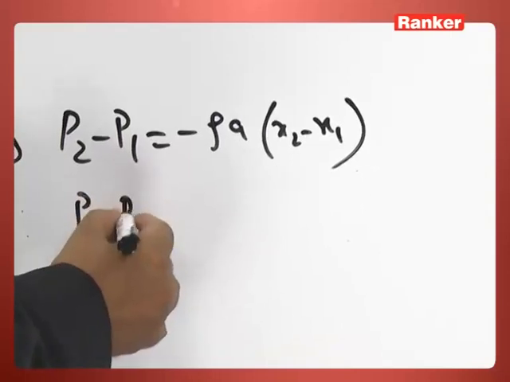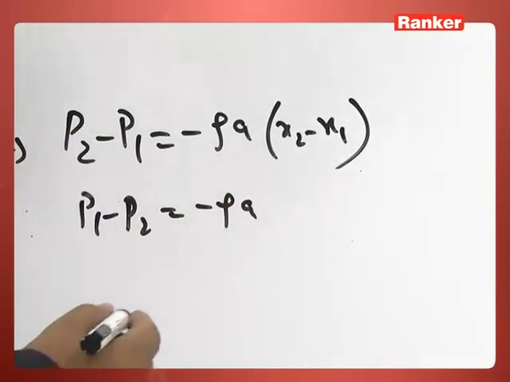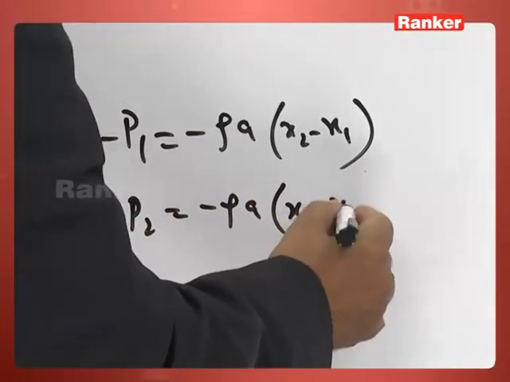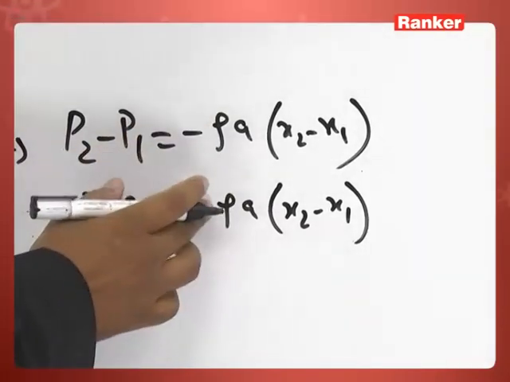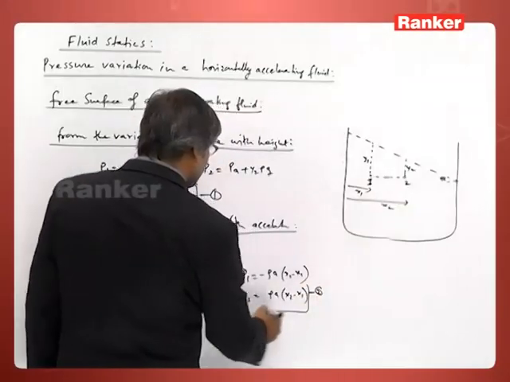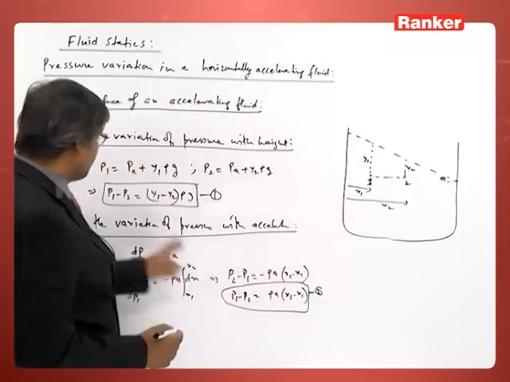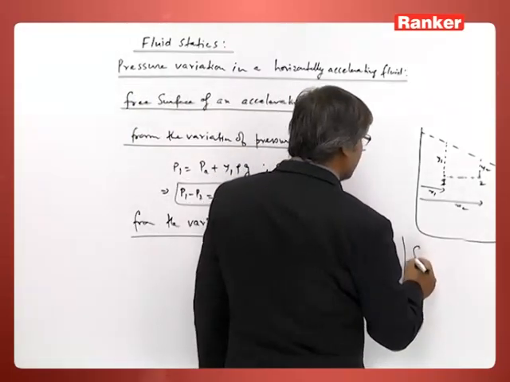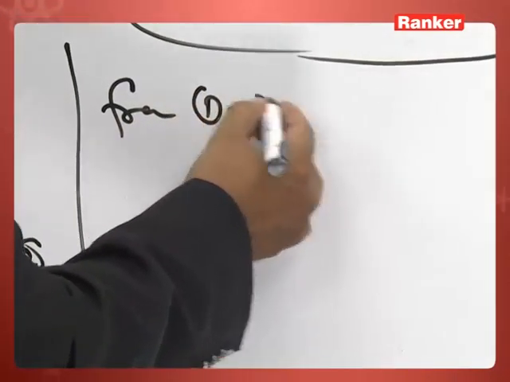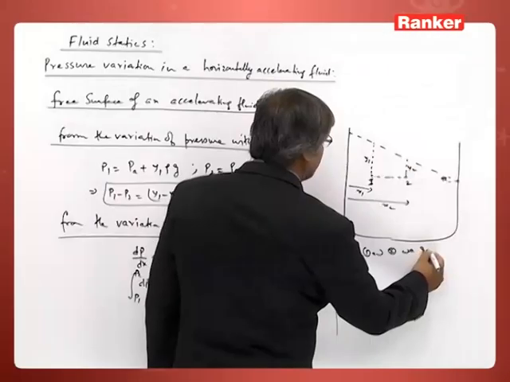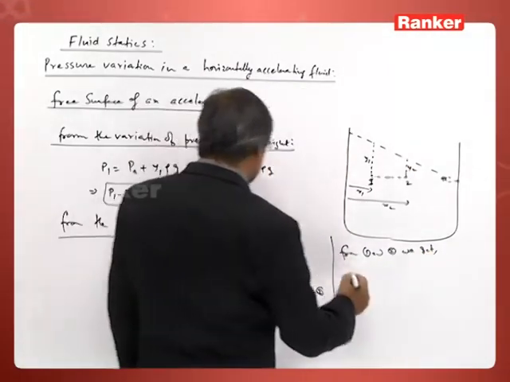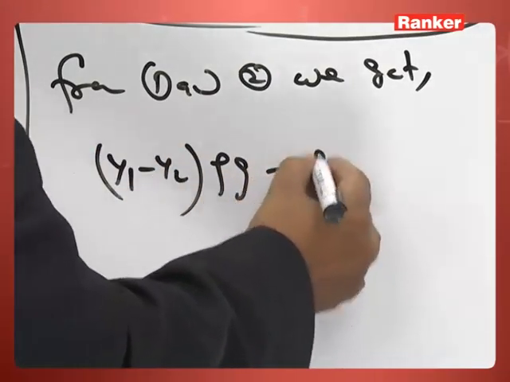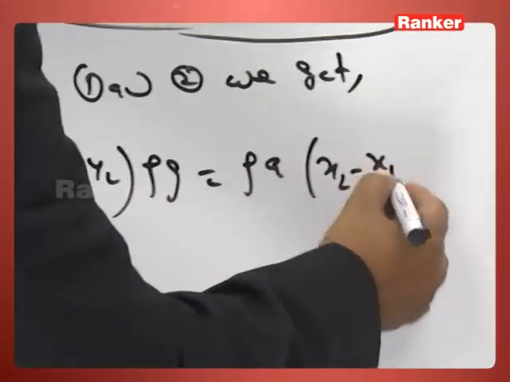So, we have P1 minus P2 is equal to rho a into x2 minus x1. So, this minus has been brought here. Now, both P1 and P2 are the same. So, P1 minus P2, let us equate from 1 and 2, we get y1 minus y2 rho g is equal to rho a into x2 minus x1.